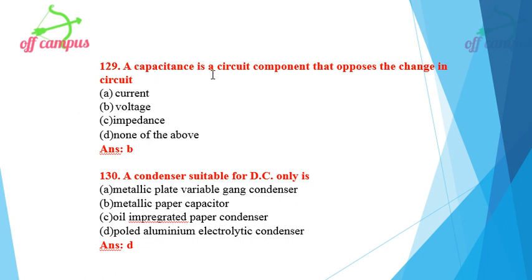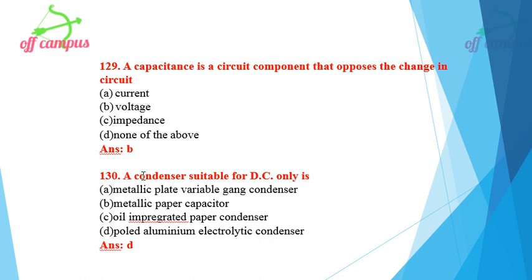A capacitance is a circuit component that opposes the change in circuit current, circuit voltage, circuit impedance, or none of the above. The capacitance opposes the sudden change in the voltage. Option B, voltage is the right option.